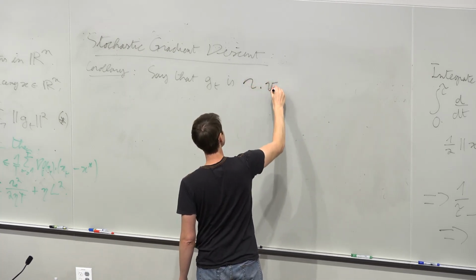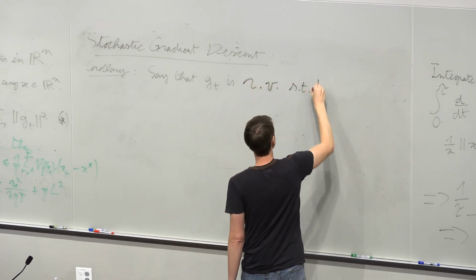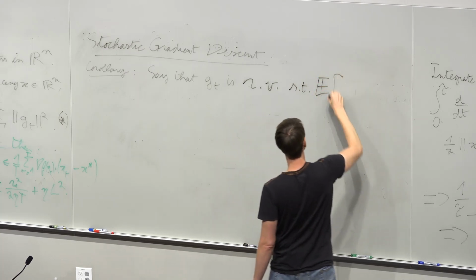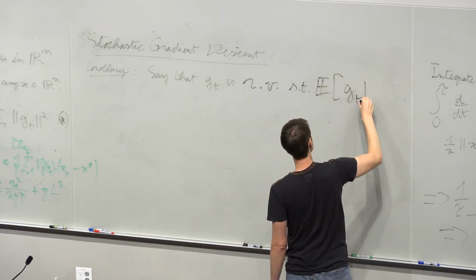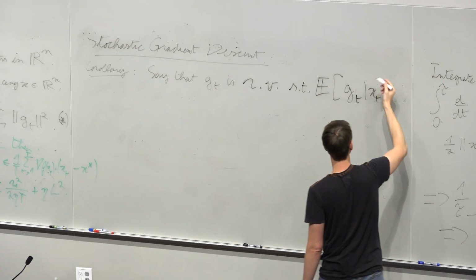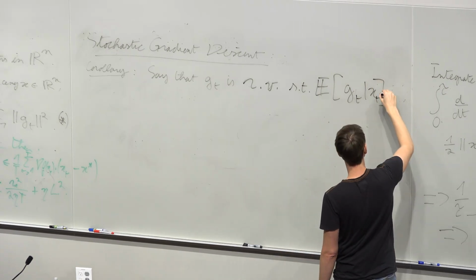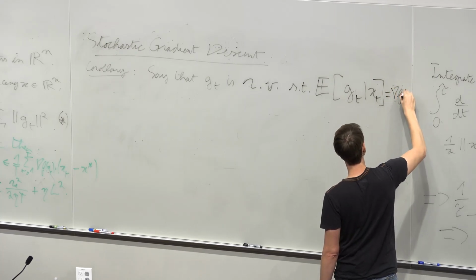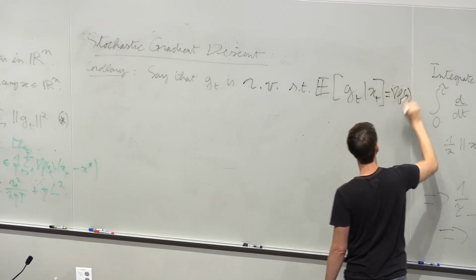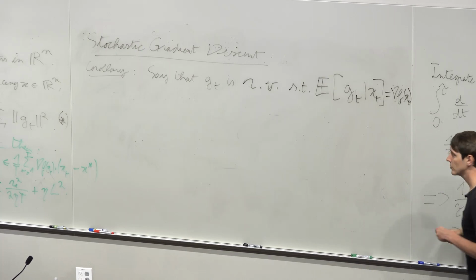Is a random variable such that the expectation of g_t conditionally on x_t is equal to grad f of x_t. Okay, so I'm not going to step in the gradient direction.